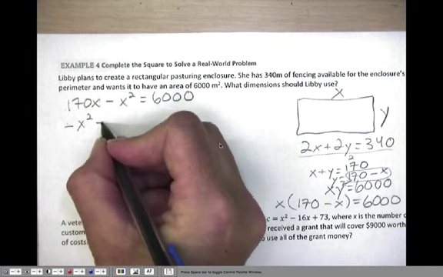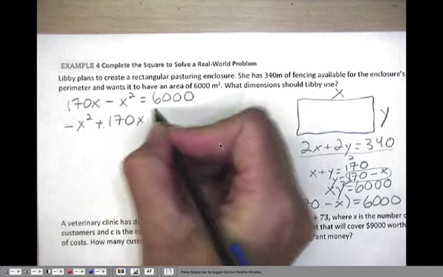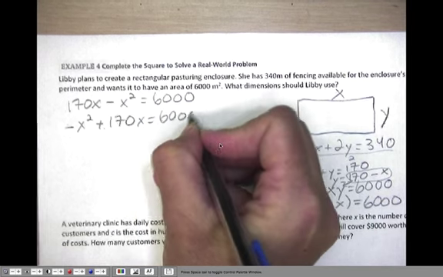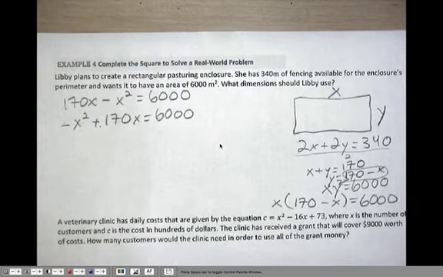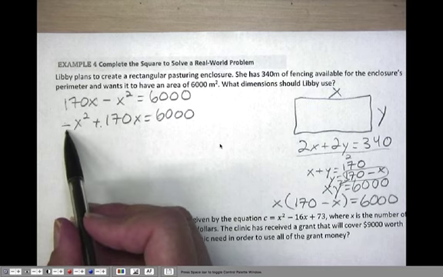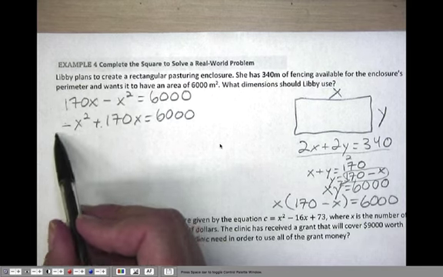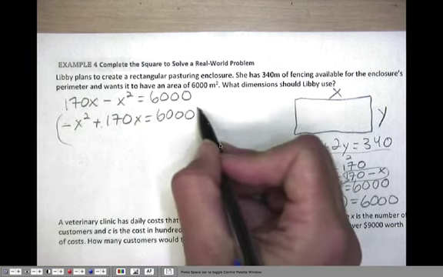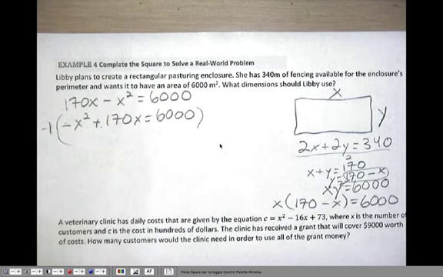This is negative x squared plus 170x equals 6,000. All right, but this negative sign is throwing a monkey wrench in my system. So I'm going to multiply this whole equation by -1 so that x squared is now positive.